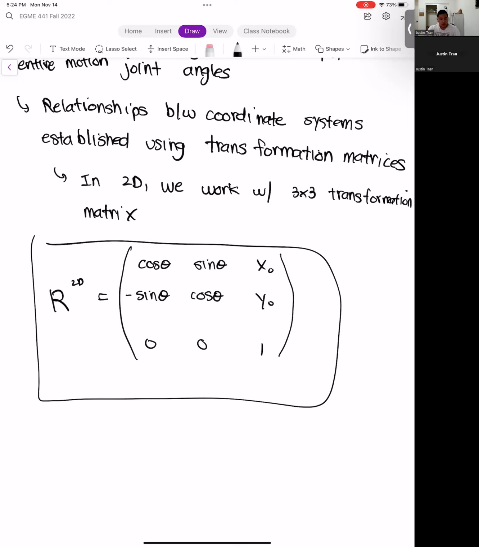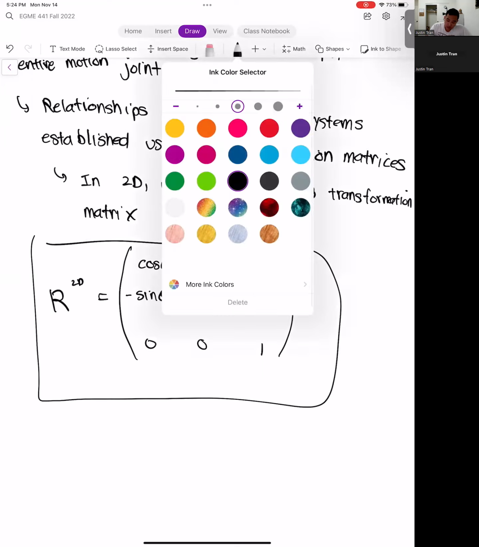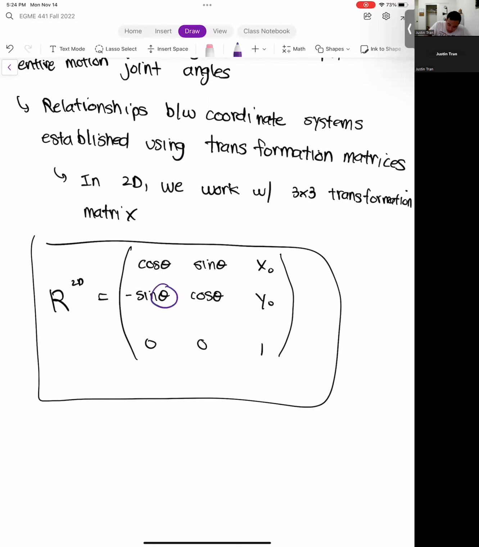We have sine and cosine terms, where the angle in these sines and cosines is the angle of rotation, the relative orientation angle between the two coordinate systems.